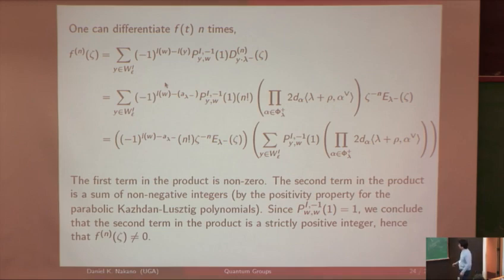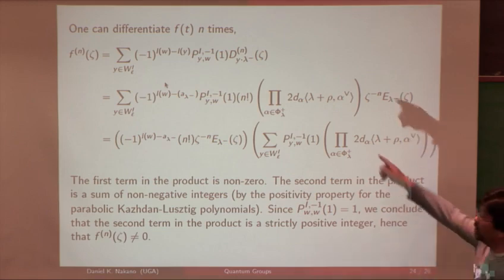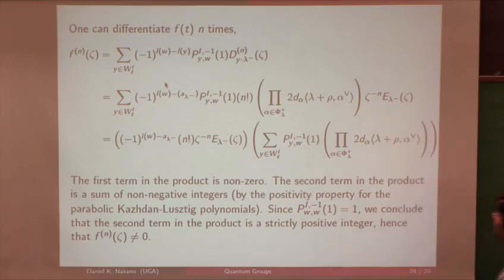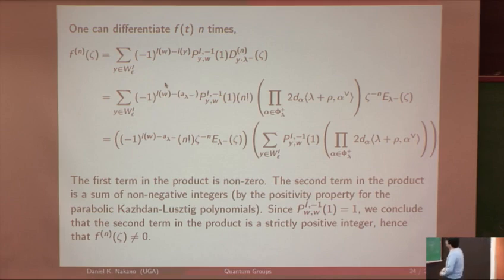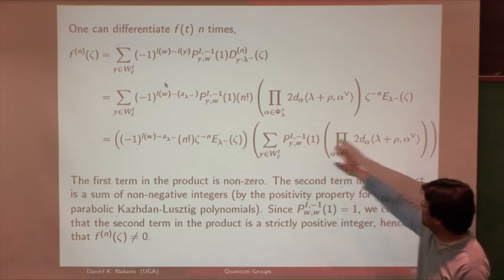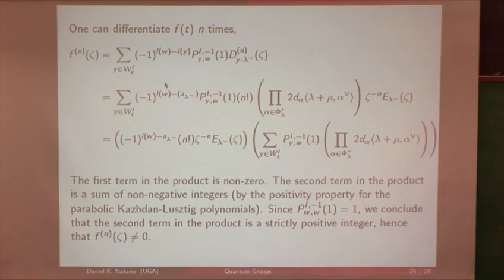Okay, so let's look at the bottom term. We want to show that this thing is non-zero. Now this term here is not going to be equal to 0. This term here is also not going to be equal to 0 because lambda is dominant and the d alphas are always 1, 2, or 3. So this is a sum of certain coefficients of non-zero terms. Now you have to use the fact that the Cauchy-Lusztig polynomials have positive coefficients. This is where it comes into play.